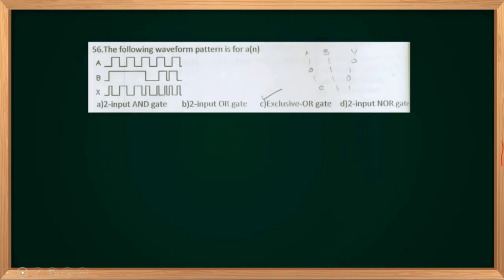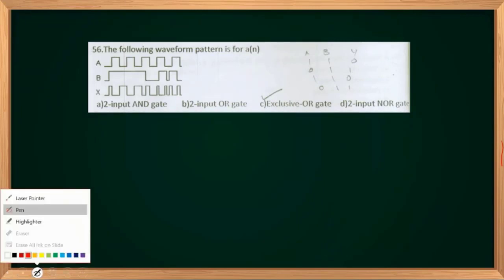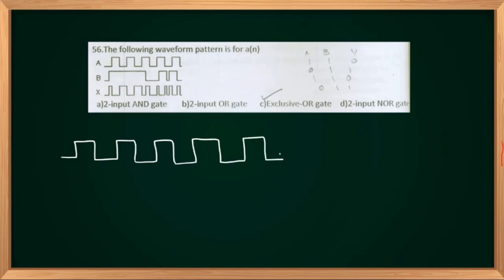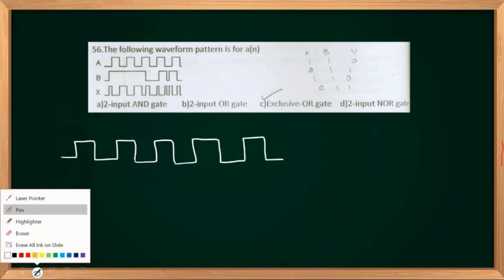The following waveform is a pattern for which logic gate? Waveforms are given. I will redraw the waveform for better readability. Two waveforms, A and B, are applied to the logic gate. Then the output is also shown.